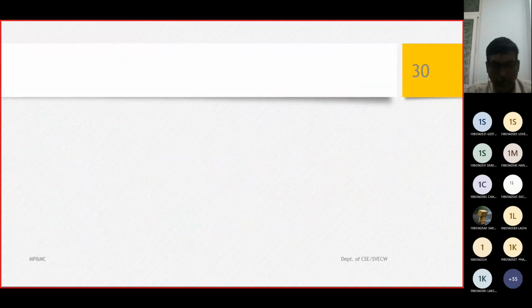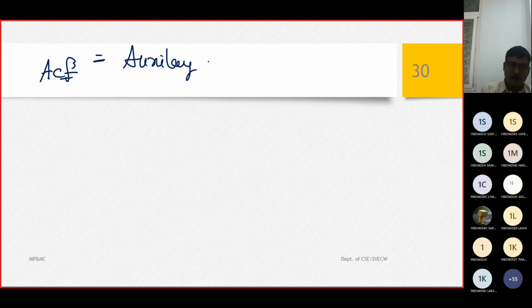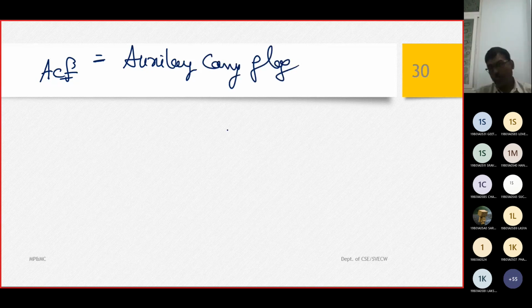The sixth conditional flag, we are going to call it as ACF, the auxiliary carry flag.